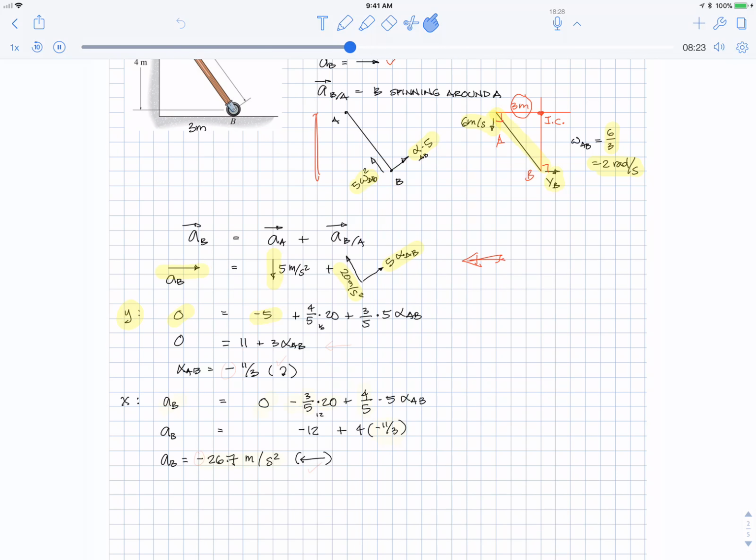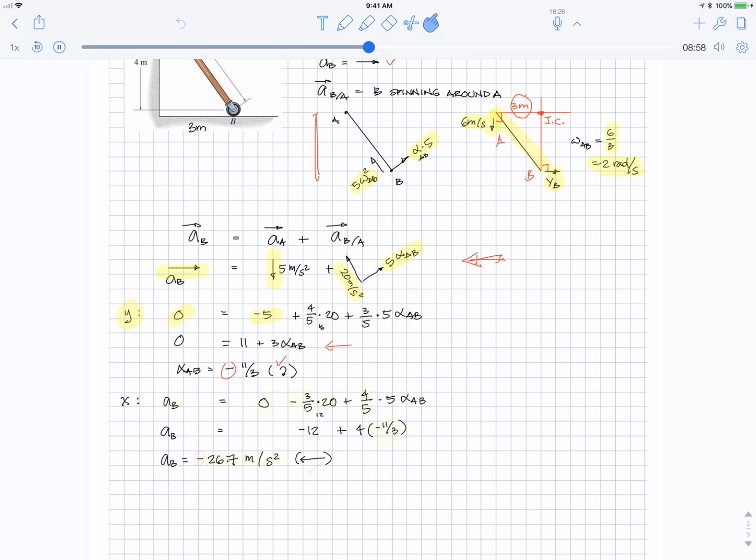So 4/5 times 20, which is 16, going up. And the 5 alpha AB, the vertical component is 3/5, so 3/5 of 5 alpha AB is 3 alpha AB. And so we get minus 5 plus 16 plus 3 alpha AB equals 0. Or we get 0 equals 11 plus 3 alpha AB, which just gives alpha AB is minus 11/3. This negative sign here means my initial guess of counterclockwise was incorrect, so the correct direction is clockwise.